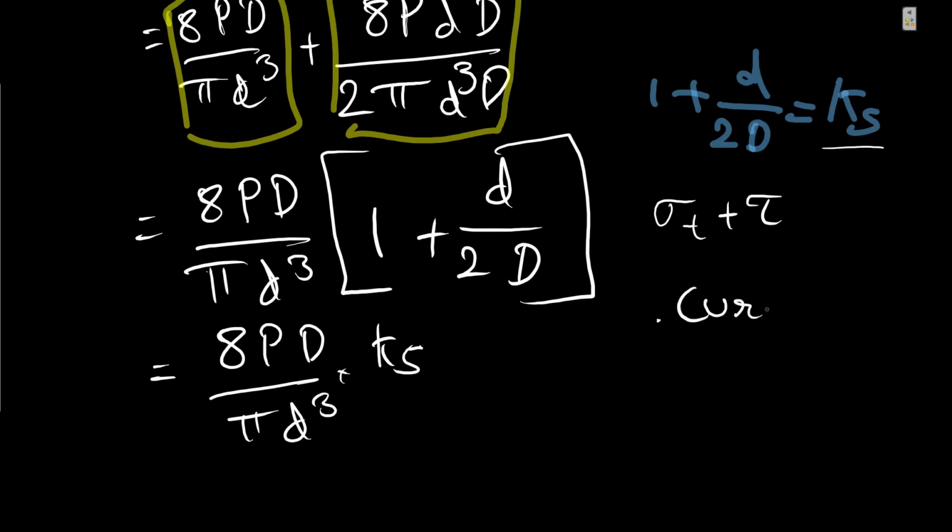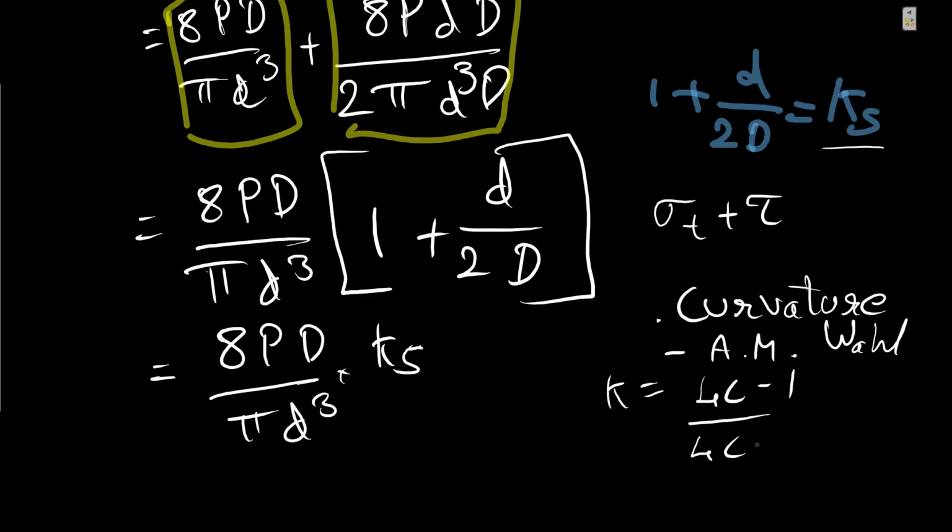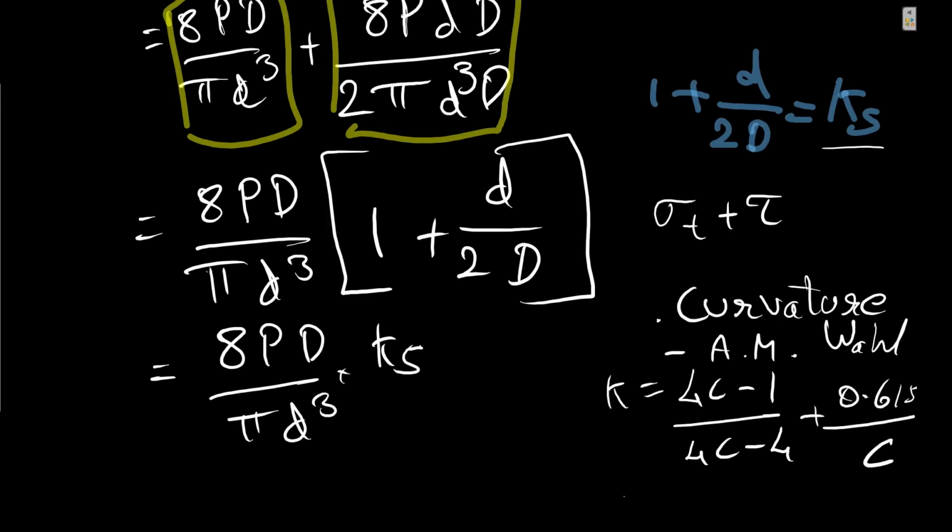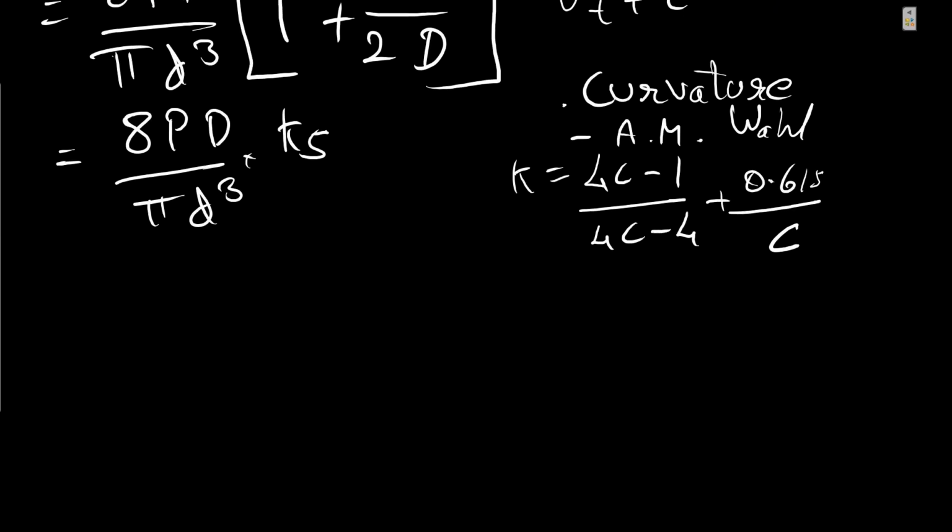That is due to the curvature of the spring, and to account for this we have another factor which is known as Wahl's factor, which was developed by A. M. Wahl, which is derived as (4C minus 1) by (4C minus 4) plus 0.615 divided by C. Now C over here is just a ratio. C is the ratio of capital D by small d.